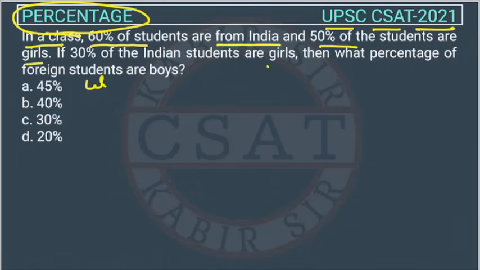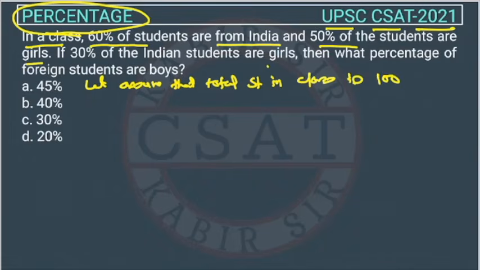So let's assume the total number of students in the class is 100. Now what is given in the first statement? 60% of the students are from India. So in this 100 there are Indian students, and these are foreign students.